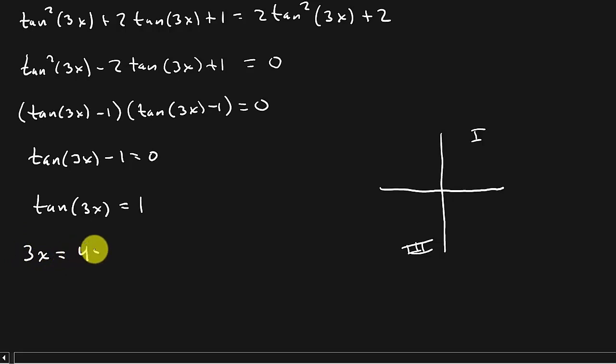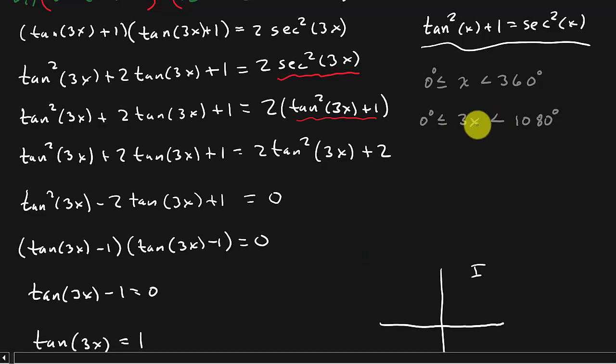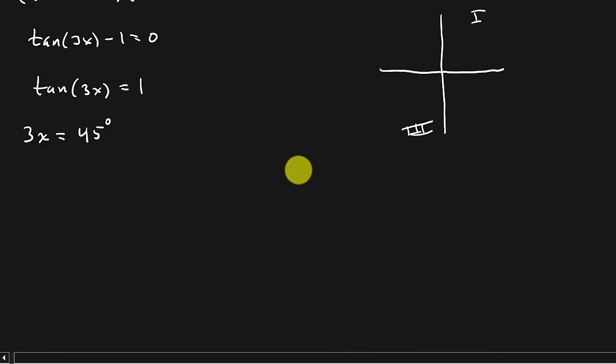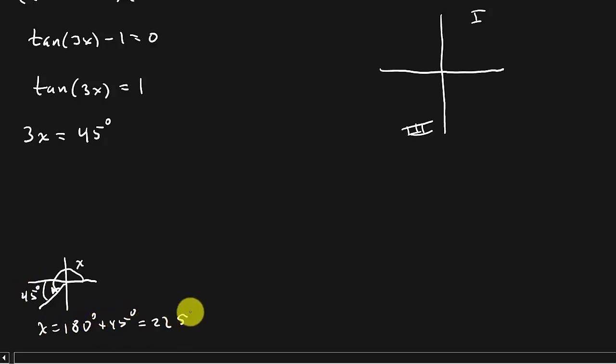Well, that's 45 degrees. Remember, we switched over to degrees. You can do this in radians, that's fine, but we're going to do it in degrees. Now I need my third quadrant angle. So there's my third quadrant. There's my reference angle, 45. So x is equal to 180 plus 45, which is 225.